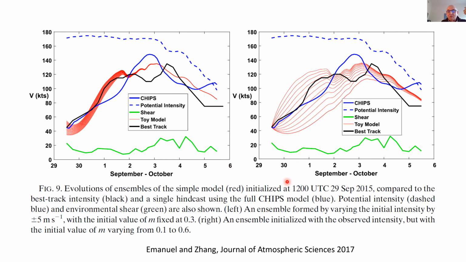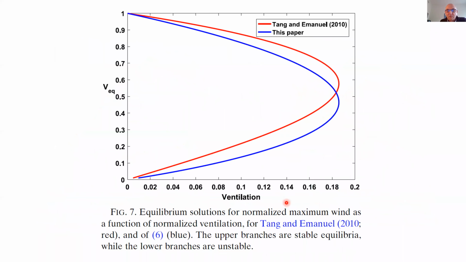The red shows how it's reproduced by this model, the black is the best estimate of the track from data, and the blue is their high dimensional model. And this is the wind shear, and this is the potential intensity. So these are the two parameter variables.